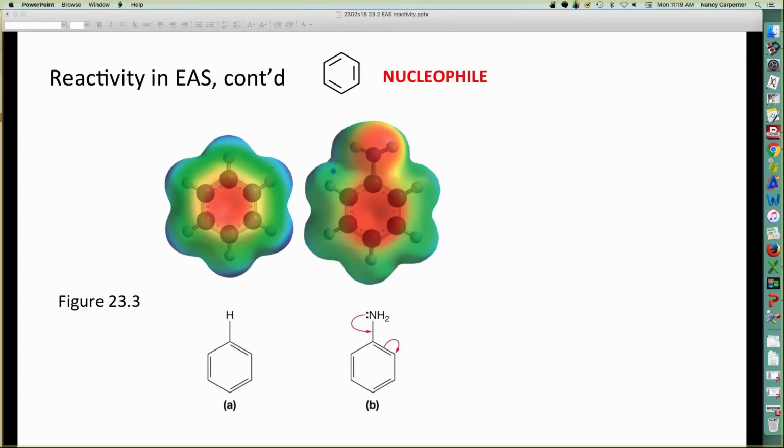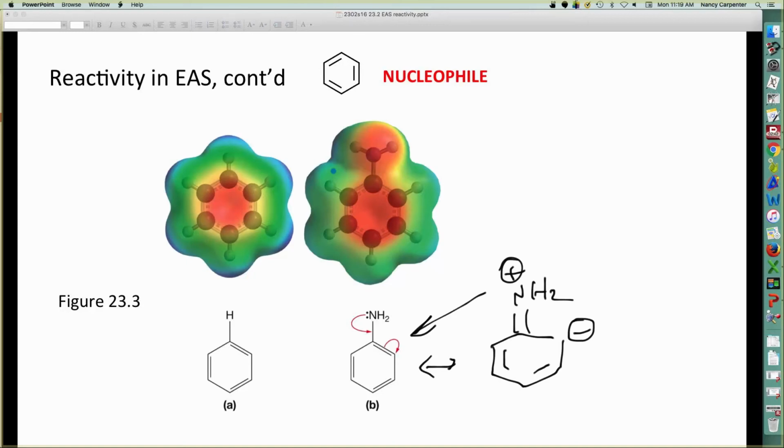And we can certainly argue that that makes sense on the basis of this kind of resonance delocalization, that the lone pair on nitrogen is pumping electron density into the ring, and if we keep going around and around showing the other resonance contributors, we will see that, yes indeed, there is electron density big time built up in this aromatic ring just because that lone pair is delocalized throughout.